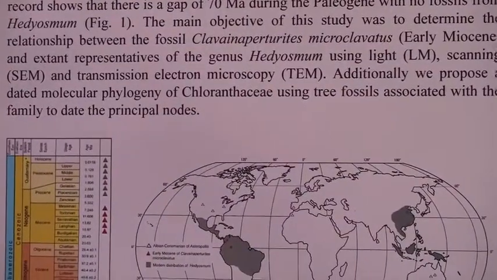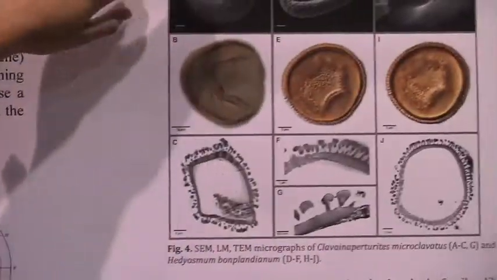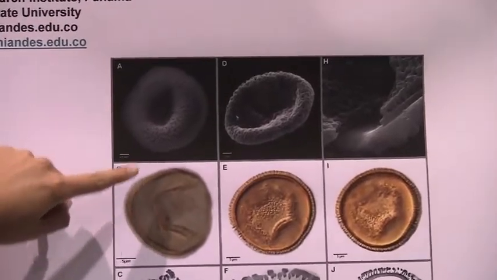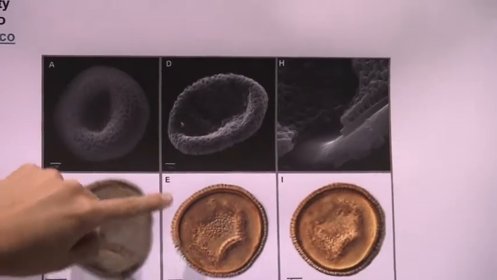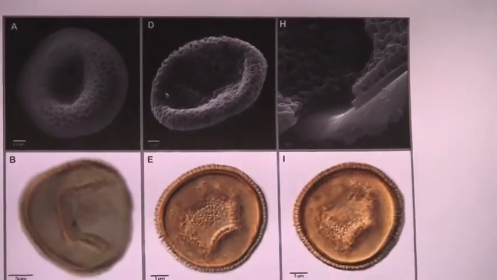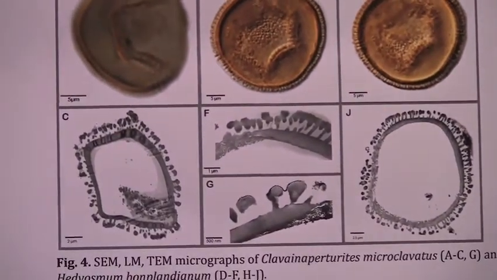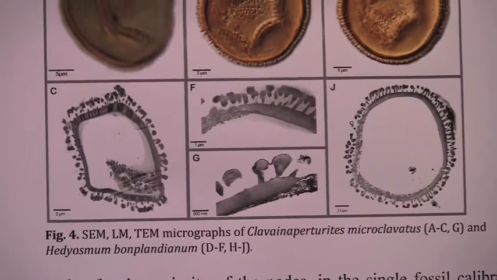So I work with SEM and TEM. You can see here some pictures. This is the fossil, and this is the modern taxa. You can see all the morphology is very similar, but I also tried to quantify all the morphological characters.